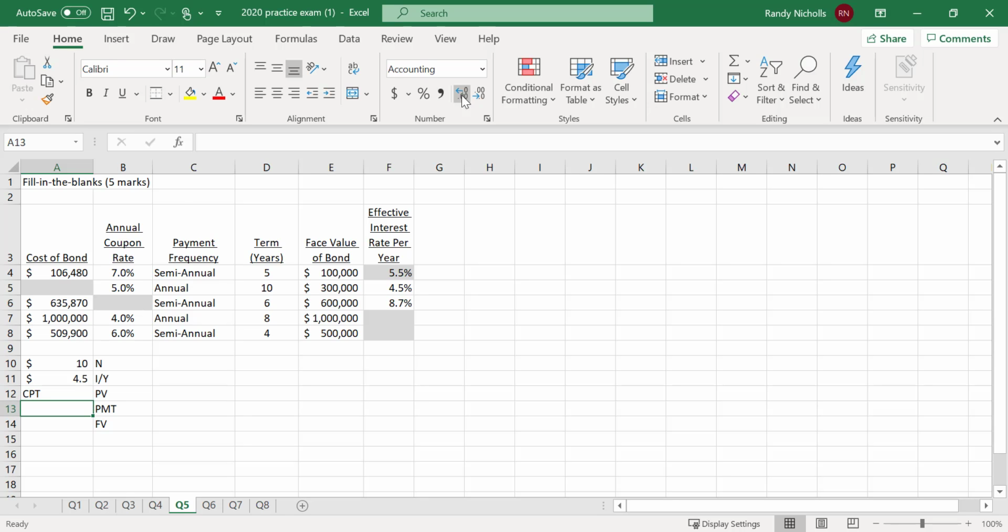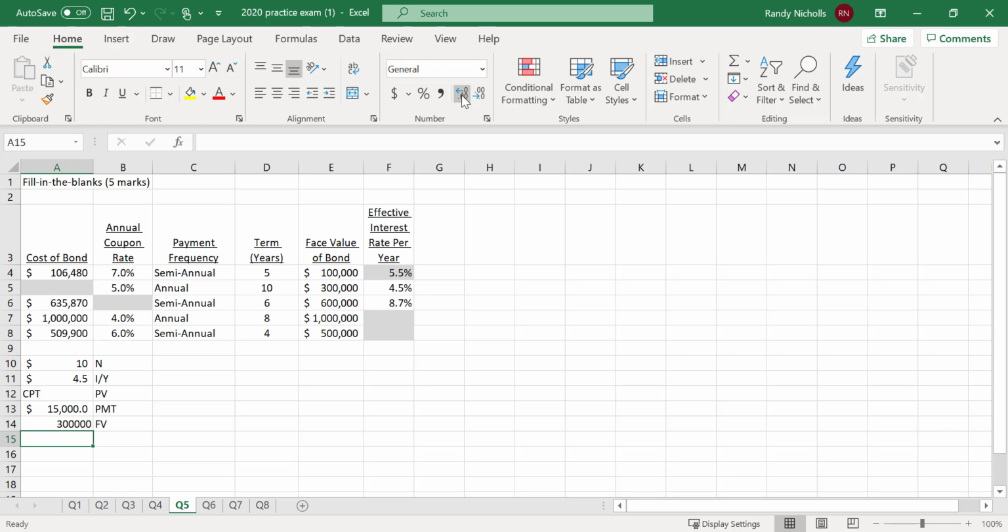I'm computing PV, my payment, it's a $300,000 bond times 5%. 300 times 5% is 15,000 and it's annual, so I don't need to take it times a half. And my future value is the 300,000.